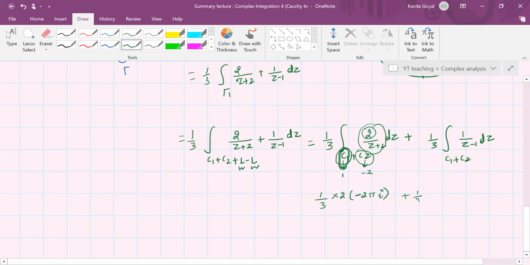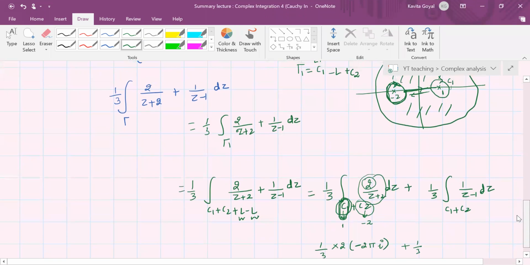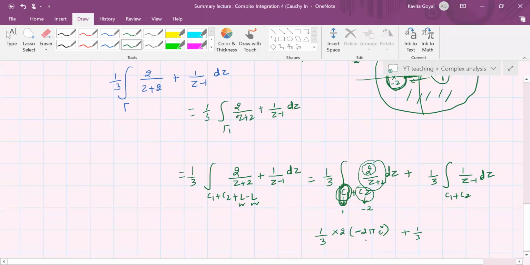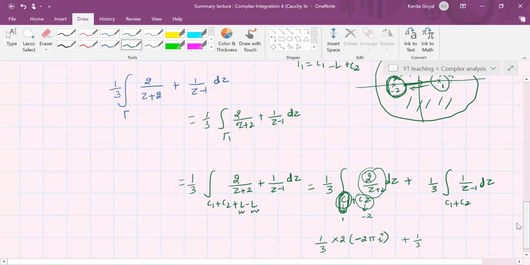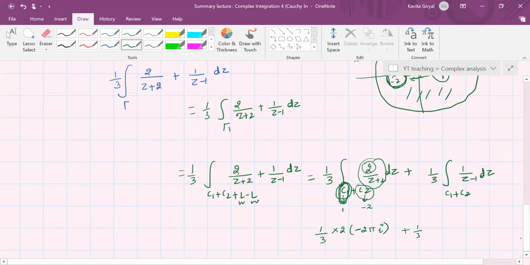Here, ma'am, don't we have to travel it twice? Yes, twice also. So what we can do is compute suppose once, and then we will make it twice, which you can do at the end.